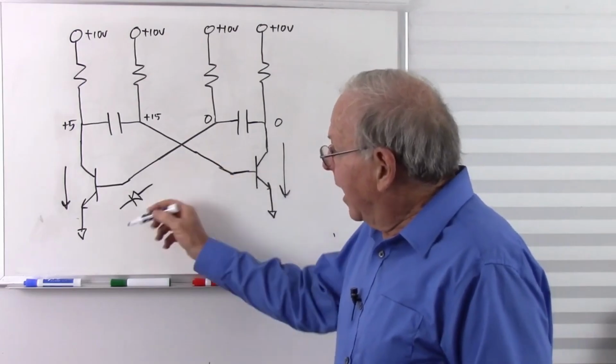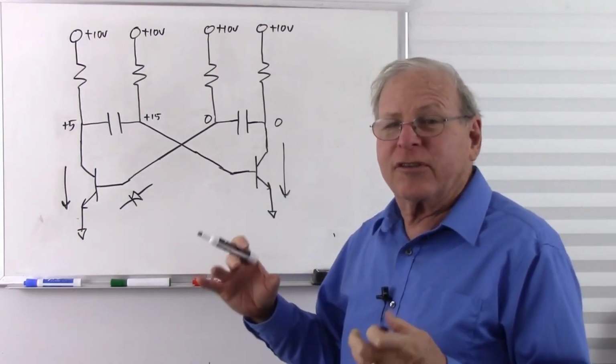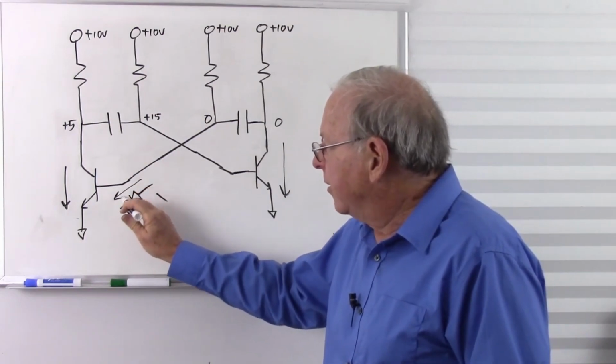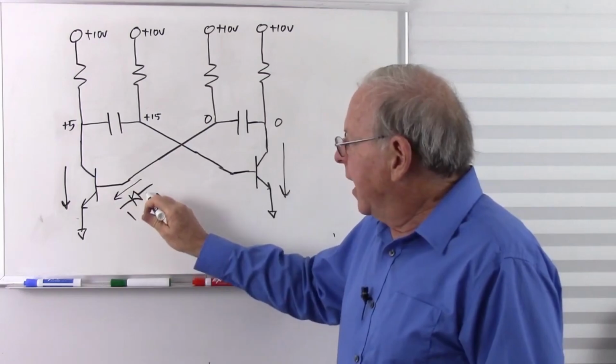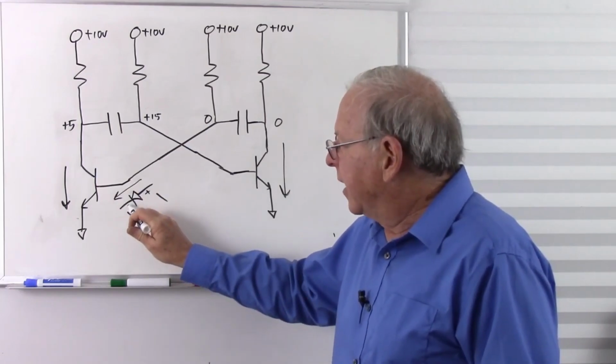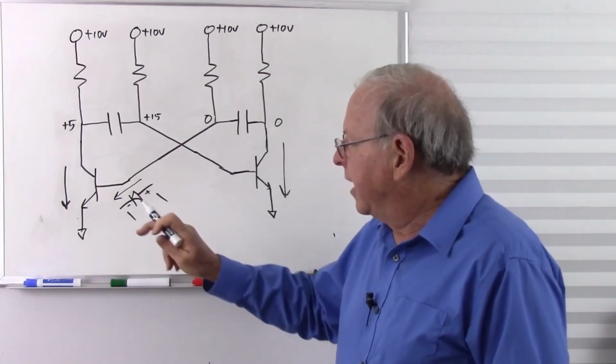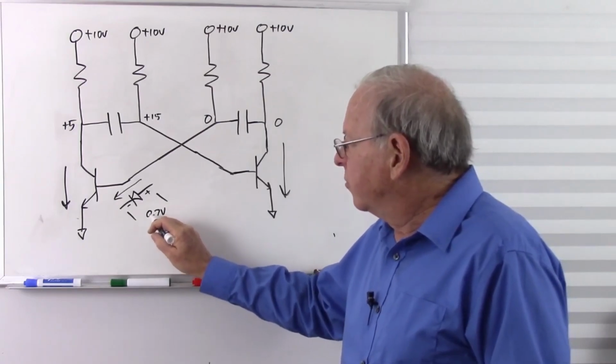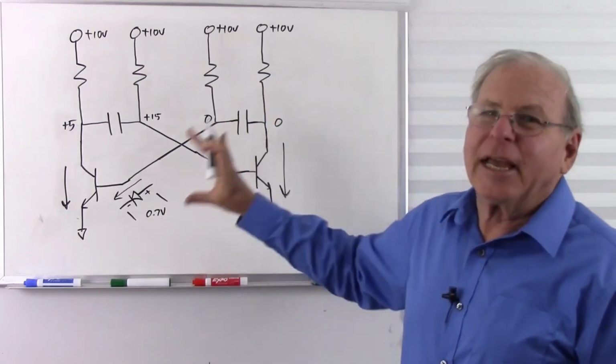So I push more current through, it lowers its resistance such that the voltage across it, when the current is flowing in that direction, with the anode at the higher voltage and the cathode at the lower voltage, positive to negative, the voltage here can only get up to about 0.7 volts. Really, it can get a little higher.